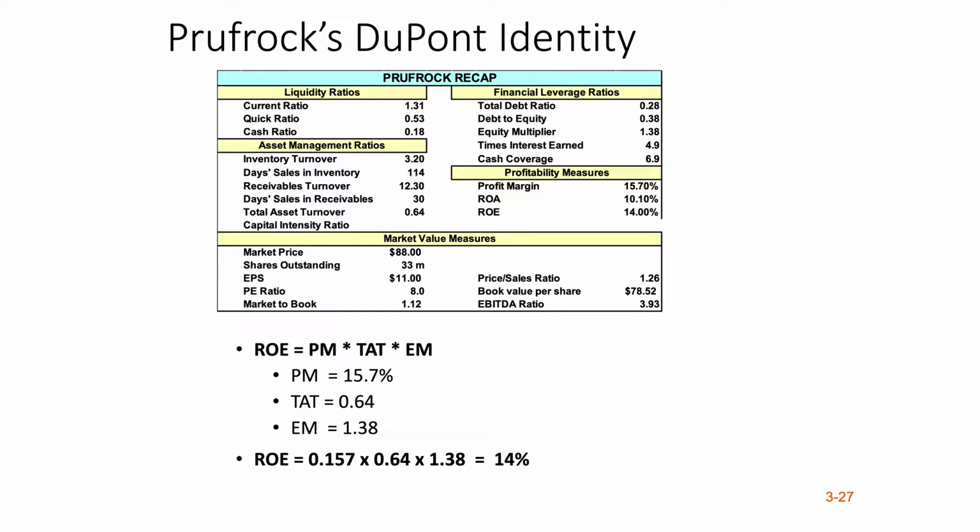That means, using particularly the leverage part and high profit margin, it becomes a 14% return. So the DuPont identity is widely used in financial analysis. There are so many ratios. Where do you start? Start with the key ratio, return on equity.